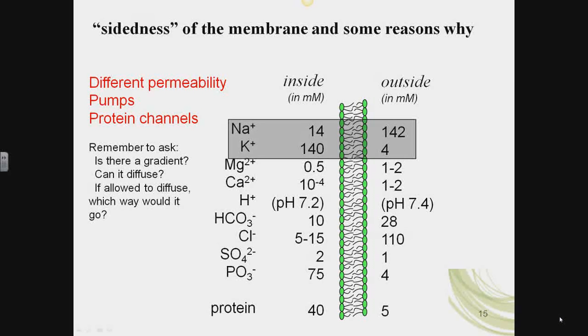What if potassium, shown here as the letter K, suddenly had greater permeability? I hope you would say it would diffuse down its concentration gradient, its chemical gradient, from the inside of the cell to the outside. Okay, follow-up question.